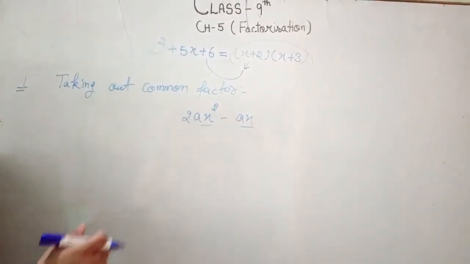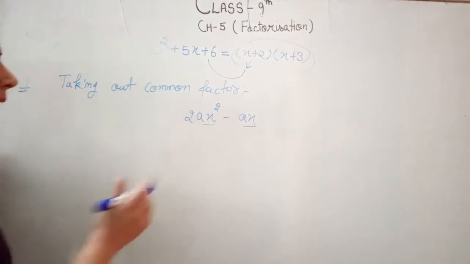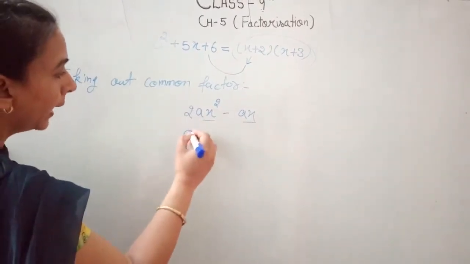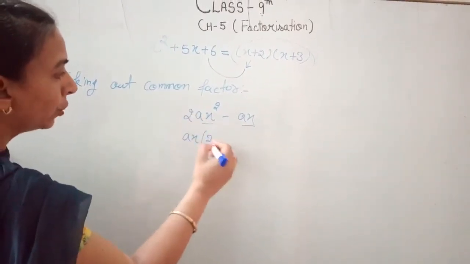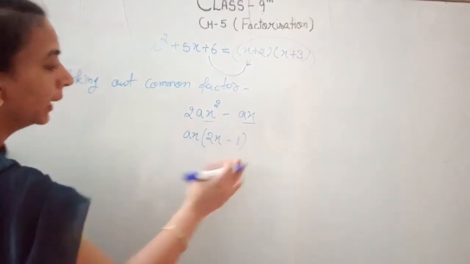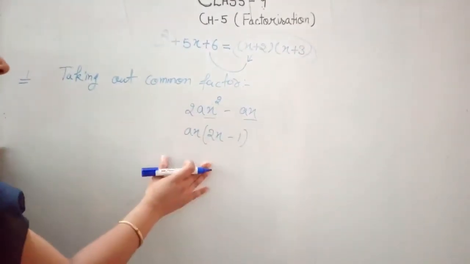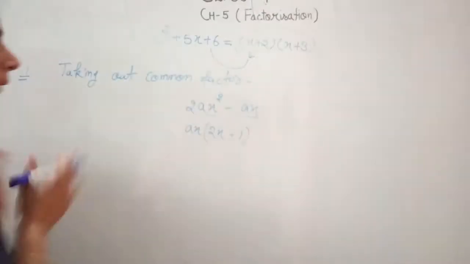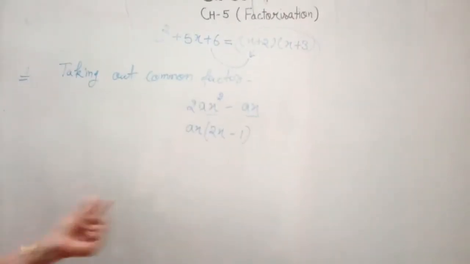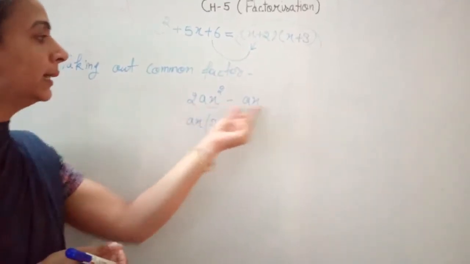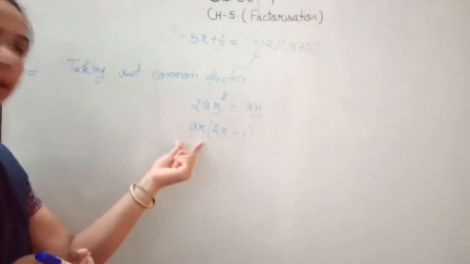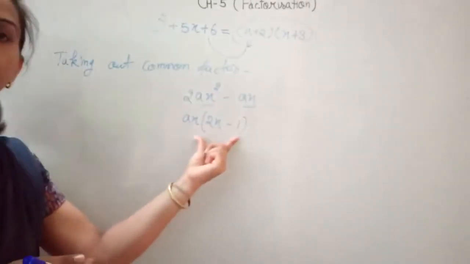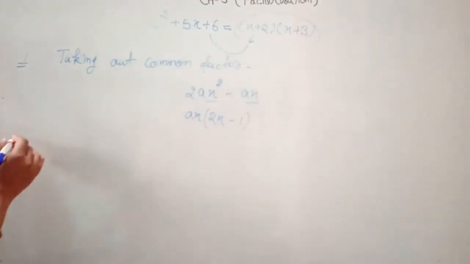Then we take ax common outside the bracket, and only 2x minus 1 remains. This is the factor of the given expression. This is the method for common factor: if every term contains a common factor, we take the common factor outside the bracket. Clear?